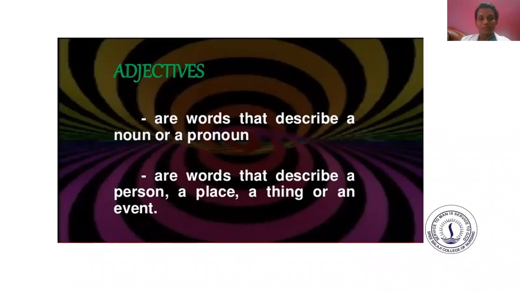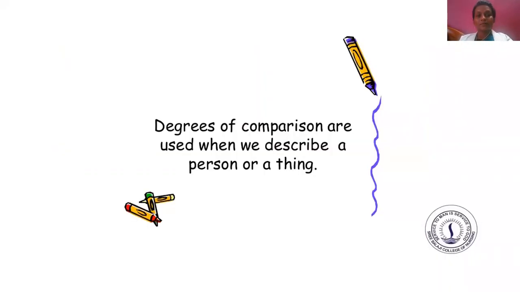Now, adjectives. Adjectives are defined as words that describe a noun or a pronoun. They are words that describe a person, a place, a thing, or an event. Degrees of comparison are used when we describe a person or a thing.